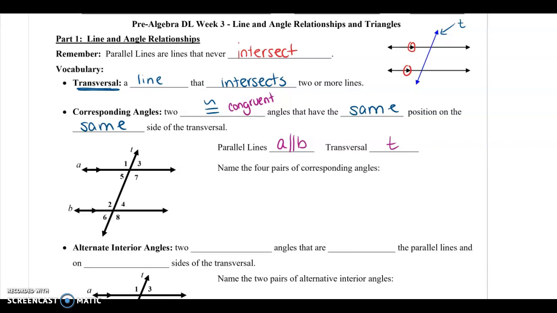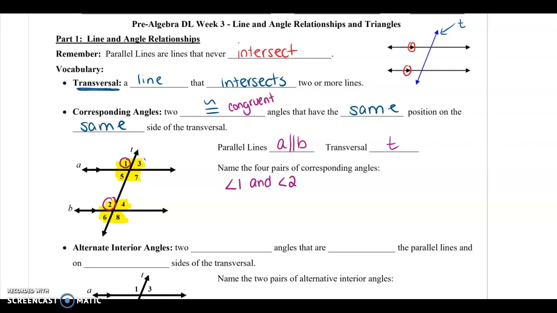You can see how I have clusters of angles here, this top cluster and this bottom cluster. When we say the same position, we're talking about something like upper left. Upper left would be angle 1, in the same position as the upper left of angle 2. So angle 1 and angle 2 are corresponding angles.